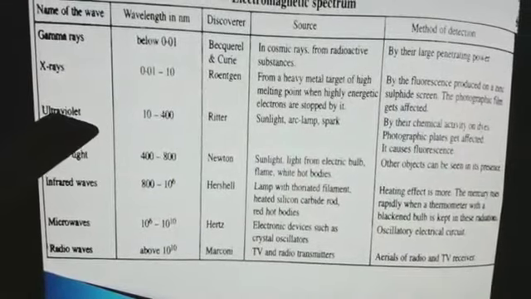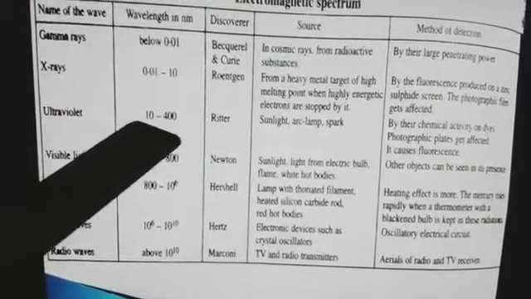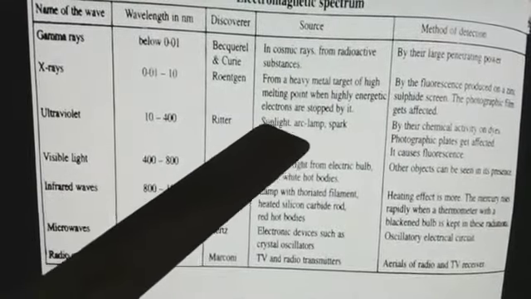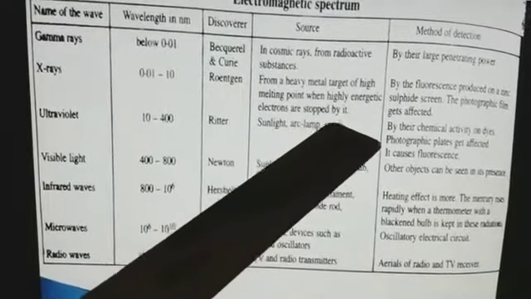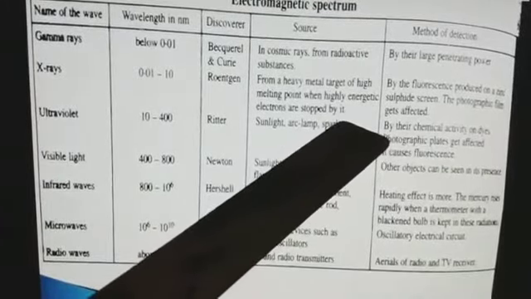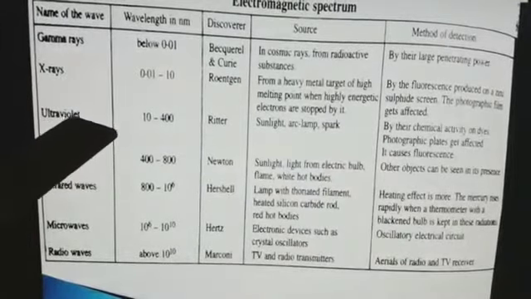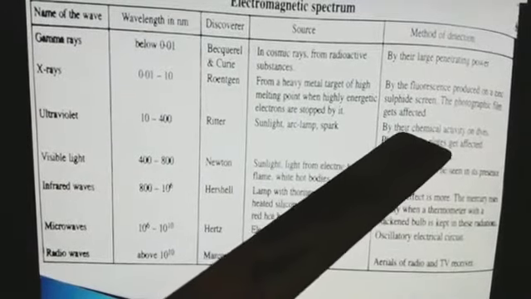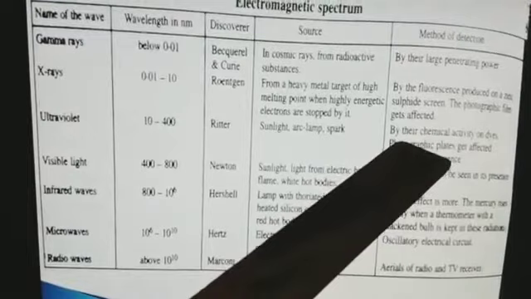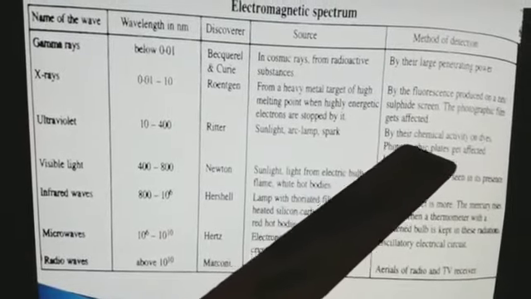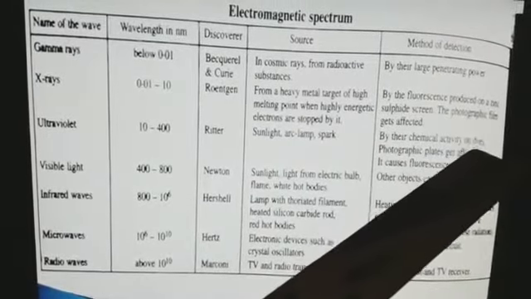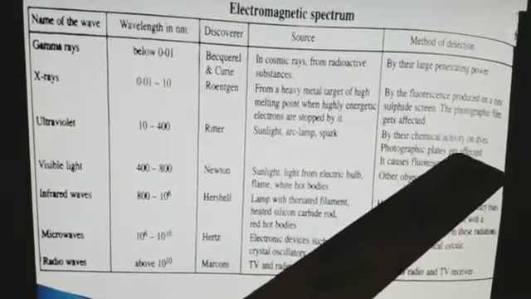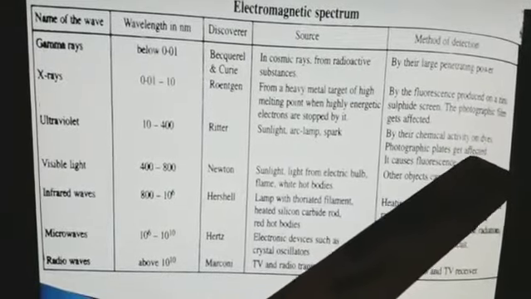The next one is ultraviolet rays. The sources are sunlight, arc lamp and spark. Then how do we detect the presence of UV rays? They can be detected by their chemical activity on dyes. Photographic plates get affected.